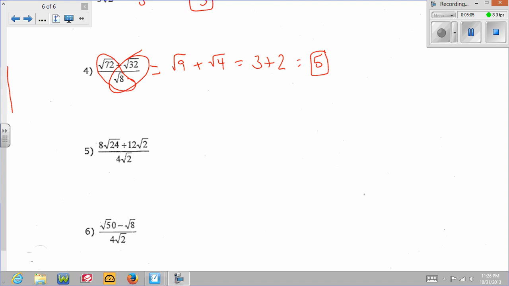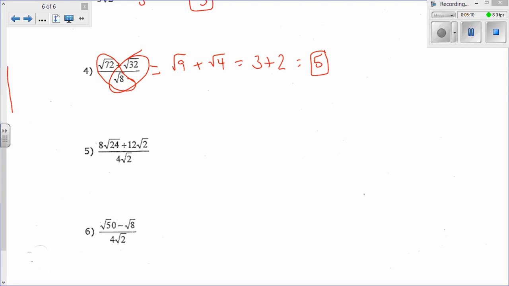Alright, for number 5, same type of problem. So I divide the first terms, and 8 divided by 4 is 2. 24 divided by radical 2 is radical 12, plus 12 divided by 4 is 3, and radical 2 divided by radical 2 is just 1.